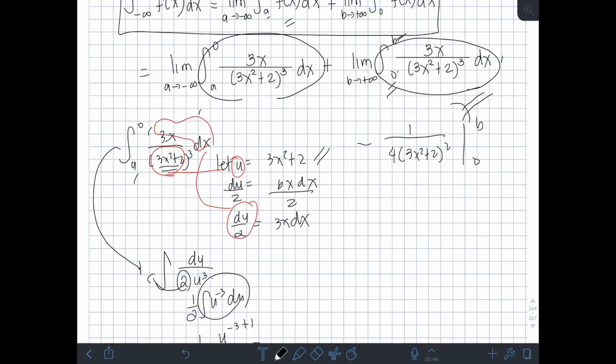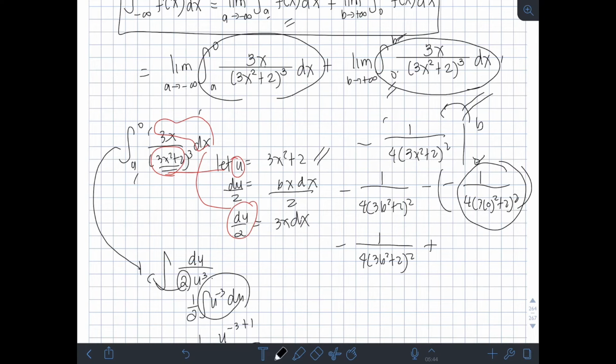Substitute b for x: negative 1 over 4 times (3b squared plus 2) squared. Then, minus, substitute 0: negative 1 over 4 times (3 times 0 squared plus 2) squared. So, we get negative 1 over 4 times (3b squared plus 2) squared. Negative times negative is positive. Then, how much is 1 over this expression? 1 over 16 also, right?